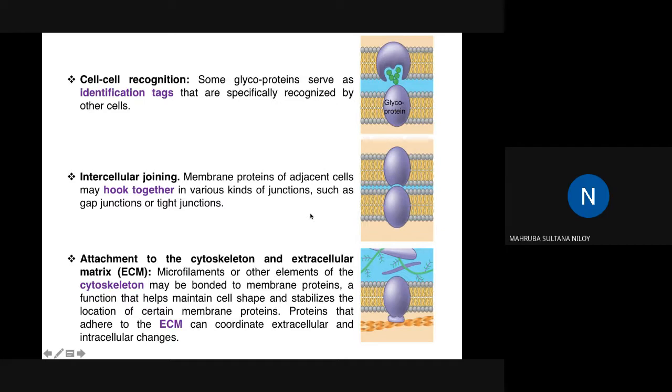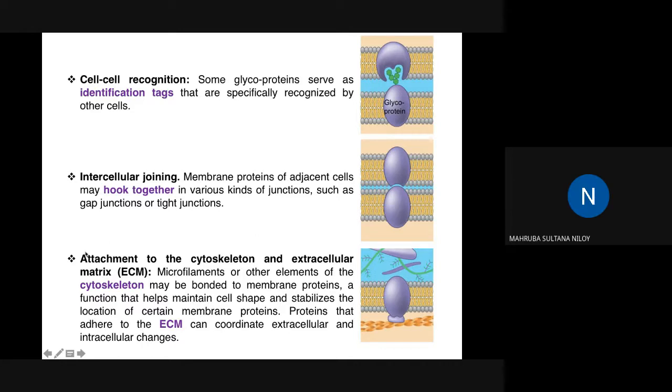No, there is nothing about active site here. So one membrane protein may hook with another membrane protein. So hook means it might join or interact with another membrane protein. Is it clear? Yes, sir.